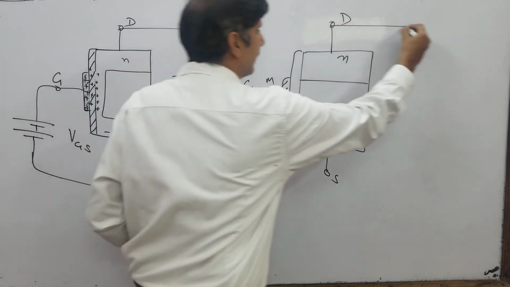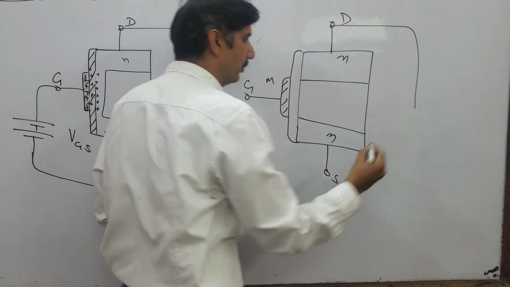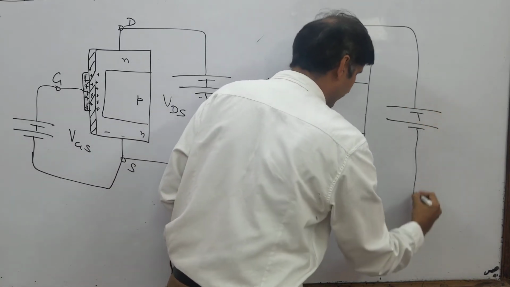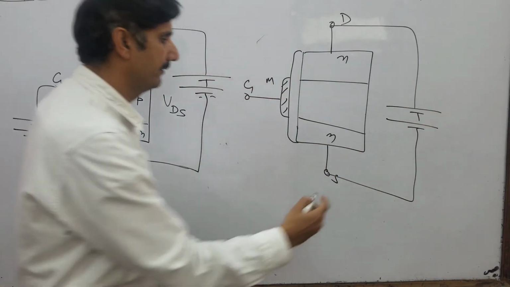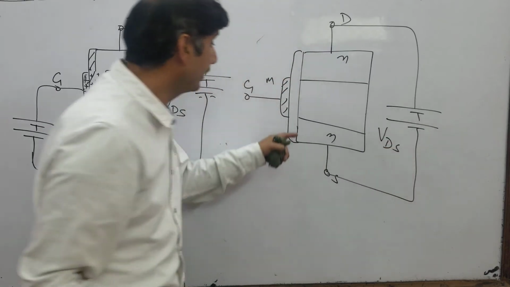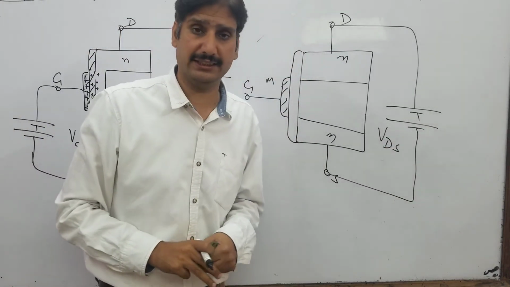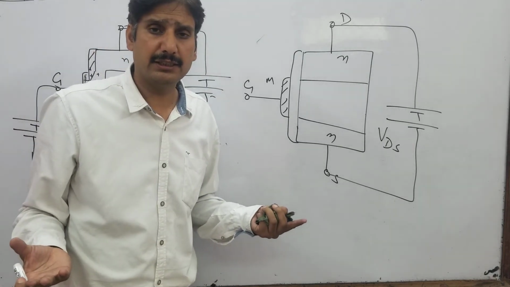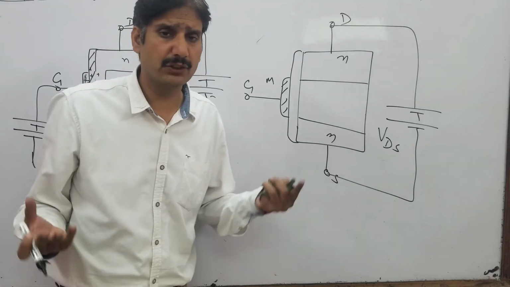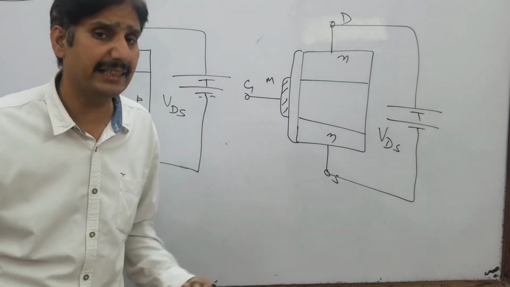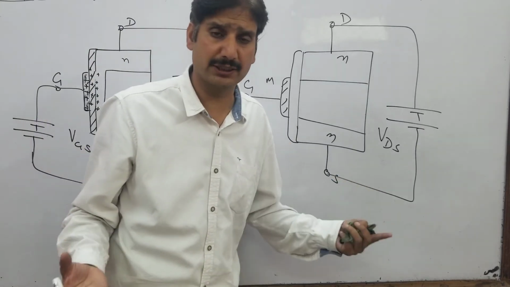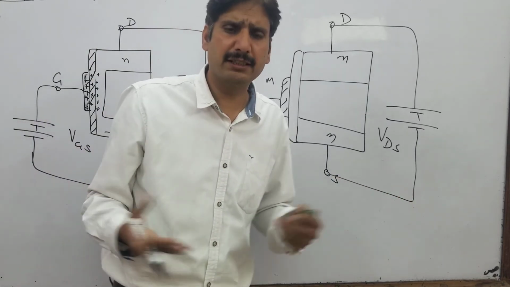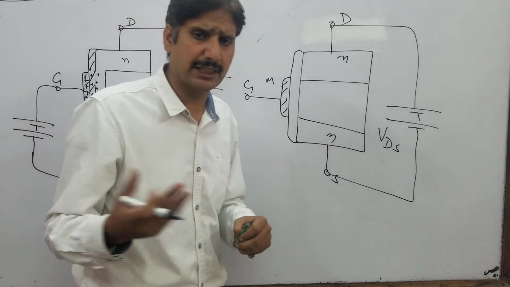I have applied sufficient drain to source voltage, this is positive, the other side is negative, there is enough VDS voltage, but there is no physical channel connecting the source and drain. So there will be very little current of the order of a few microamperes. That's basically the leakage current due to minority carriers, or thermally generated minority charge carriers.